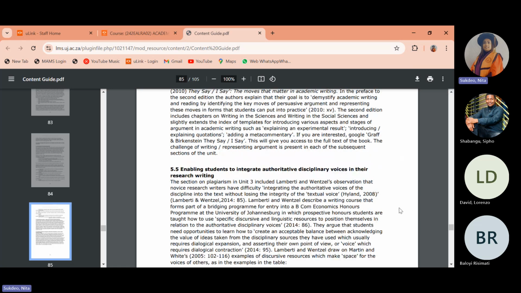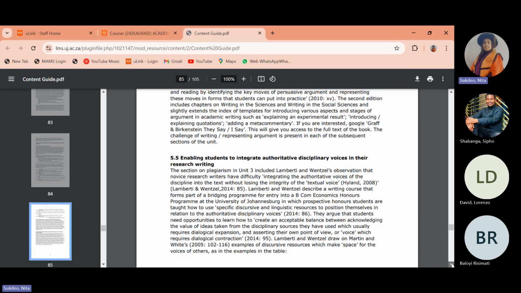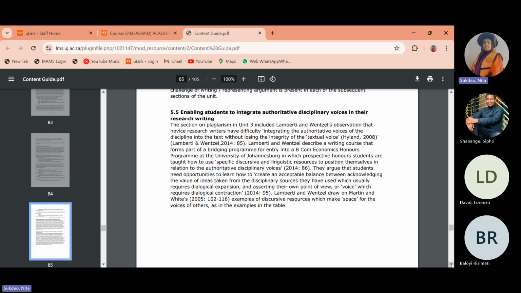Then you have enabling students to integrate authoritative discipline voices in their research writing. This is your voice, integrating your authoritative voice of the discipline without losing your integrity. Like I said, you know your particular field, I know my particular field.